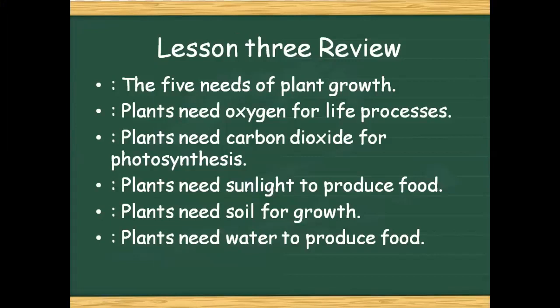Now, these are the 5 needs of plant growth. These are the important factors that help plants grow. Plants need oxygen for life processes. Plants need carbon dioxide for photosynthesis.